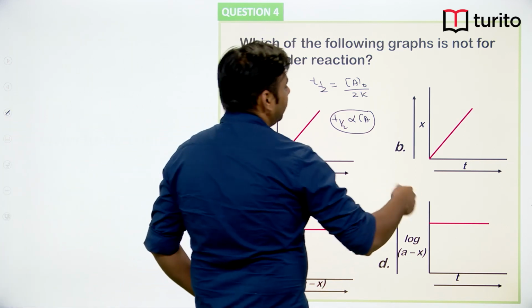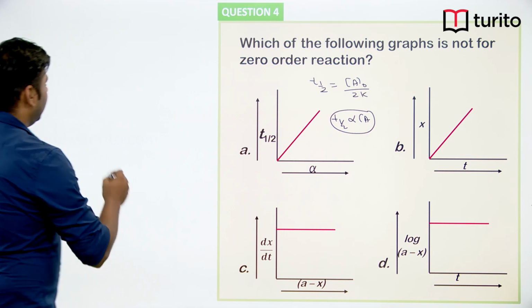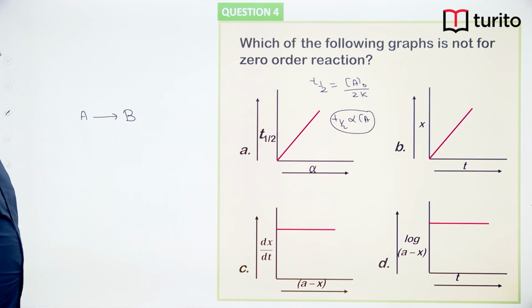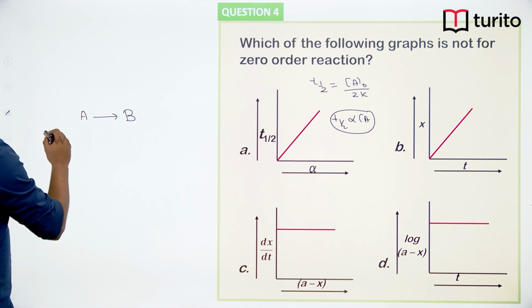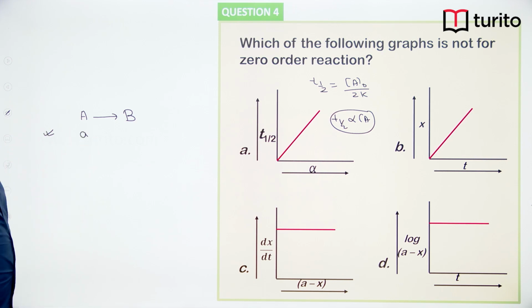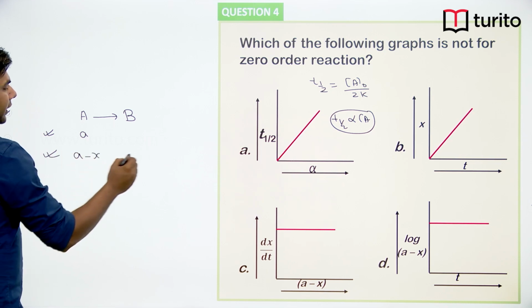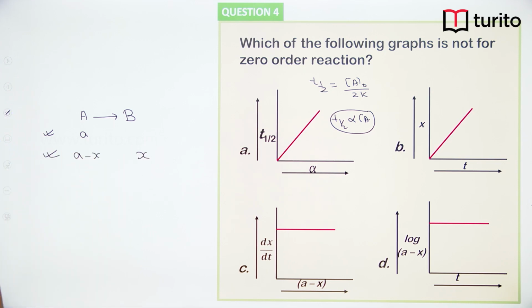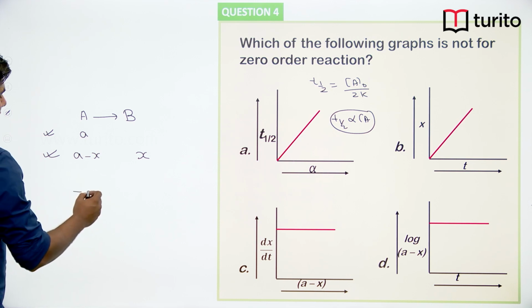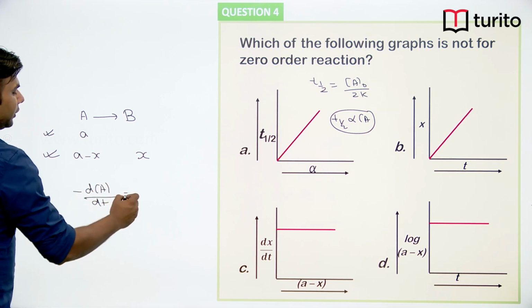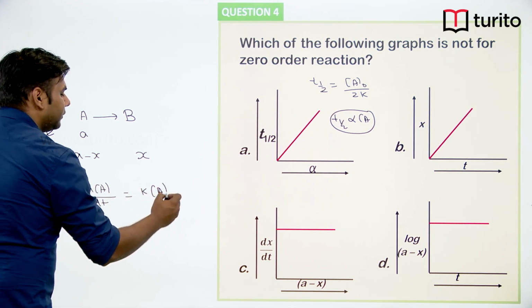X versus t. Okay. So if you look at a 0 order reaction, this is basically A changing into B. At time t equals 0, suppose the concentration was A. After some time t, X has reacted, so this is A minus X and this is X. So we can write the rate law as minus dA by dt equals K into A raised to power 0.